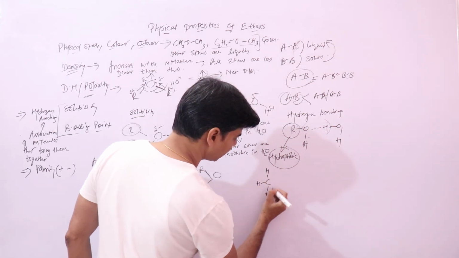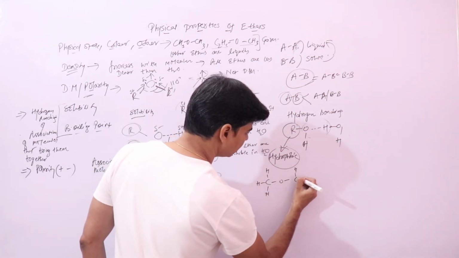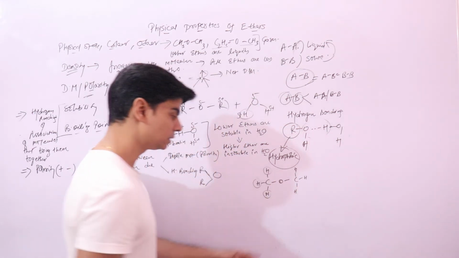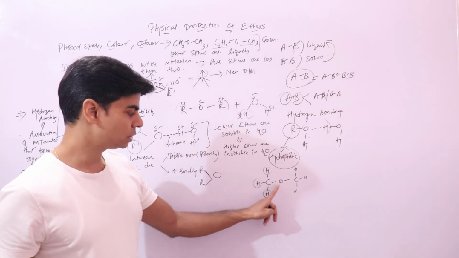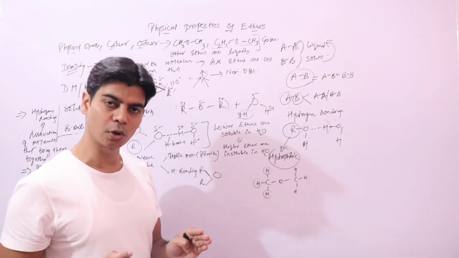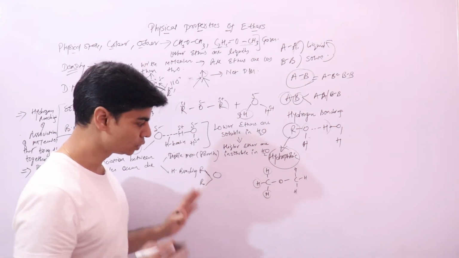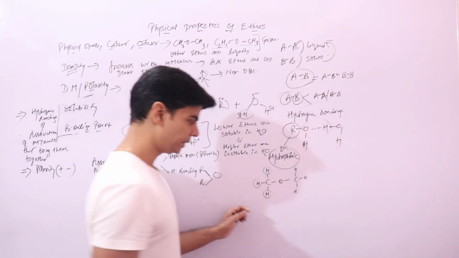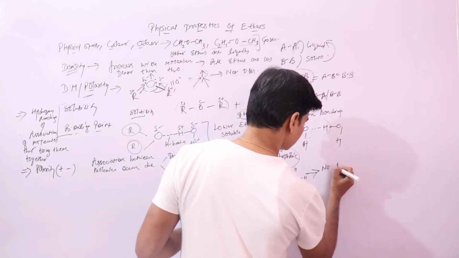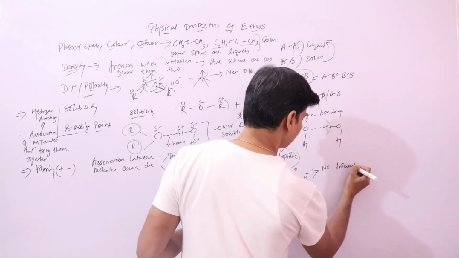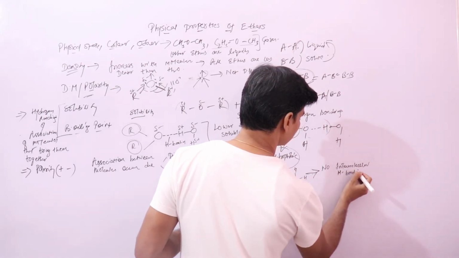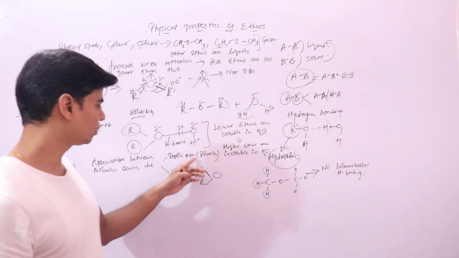If we talk about dimethyl ether, we have hydrogens, but these hydrogens are not directly linked to this oxygen atom. Since hydrogen is not linked directly to oxygen, it cannot form hydrogen bonding between molecules. So no intermolecular hydrogen bonding, because hydrogen is not directly connected to the oxygen atom.